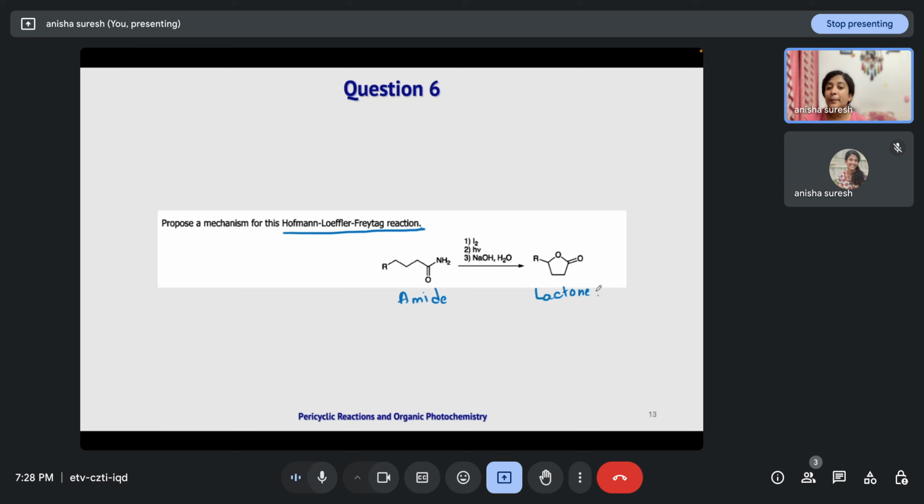Amide is getting converted into a lactone. So what will be happening? Under I2 condition, this NH2 will react with I2, leading to halogenation on this nitrogen.